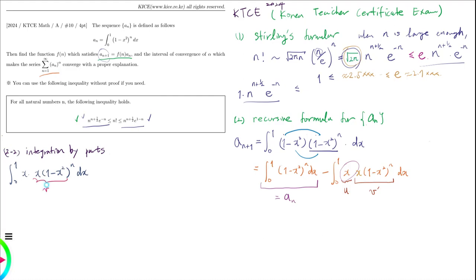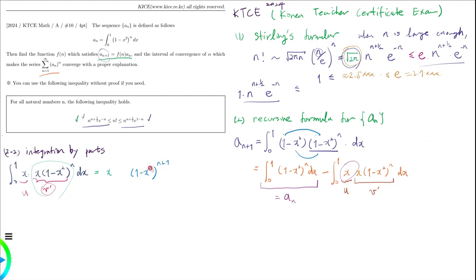This part is some function's derivative, and the x part is just some function u. Then we have x times its antiderivative, which is 1 minus x squared to the n plus 1th power.